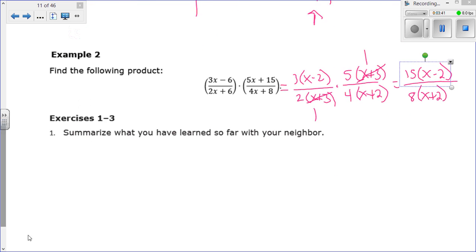So this is summarize what you have learned so far with your neighbor. Well, I'm your neighbor tonight. So what I have learned is that 1, I must factor first. Before I multiply, I factor. And 2, I cancel factors.